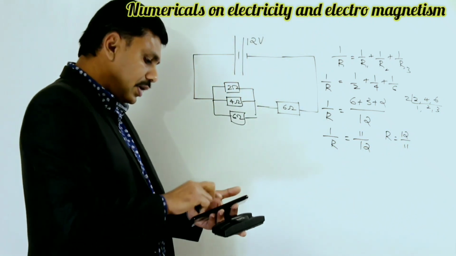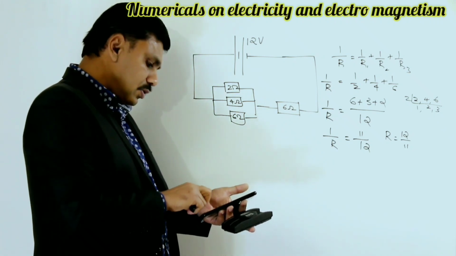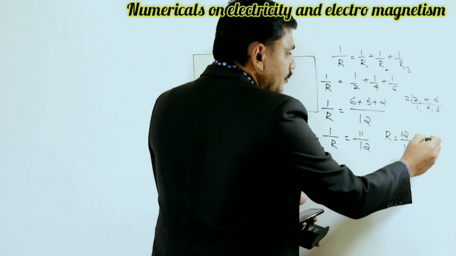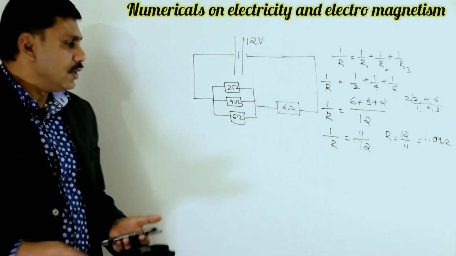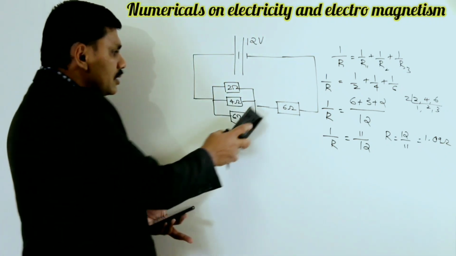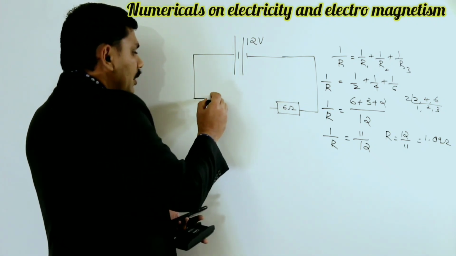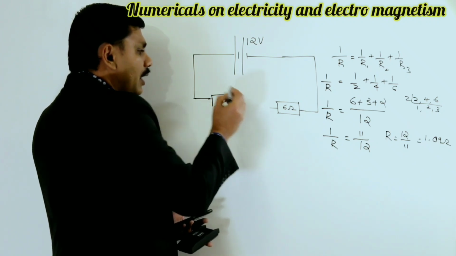12 by 11 we can calculate by using the calculator. 12 divided by 11, it is 1.09 ohm.